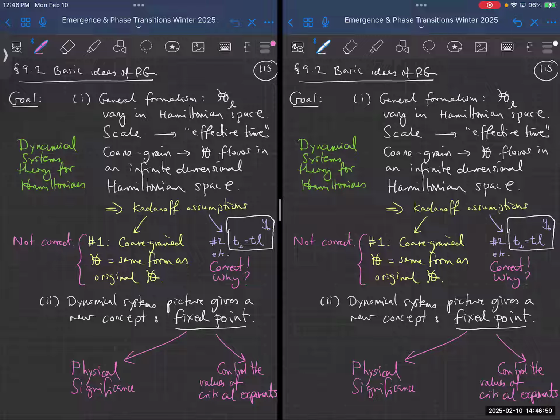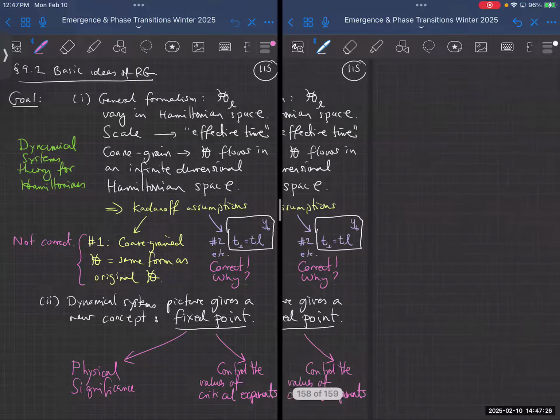How much bigger? Well, what Kadanoff assumed was that after one coarse graining, you're now the original temperature t times a factor that depends on how big the coarse graining scale was, L to the power y_t. And we define that exponent y_t. Okay. Does this bring it back? Yeah, that makes sense. All right.